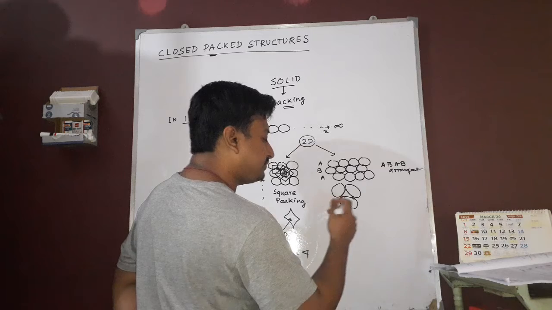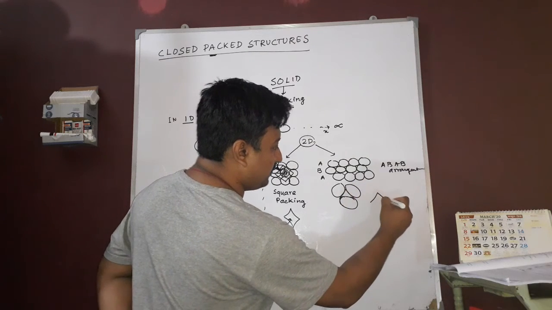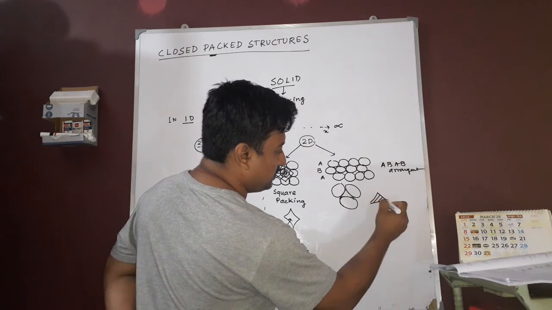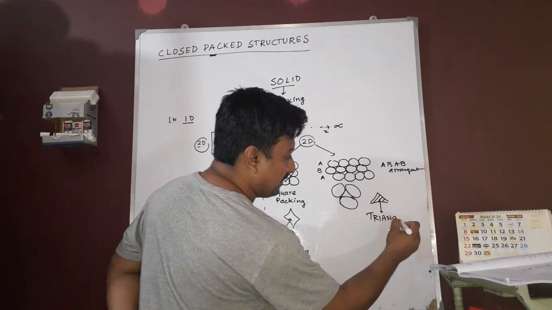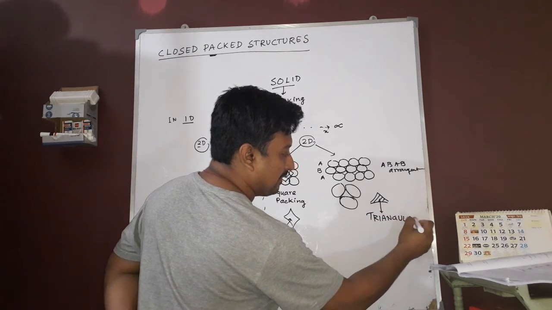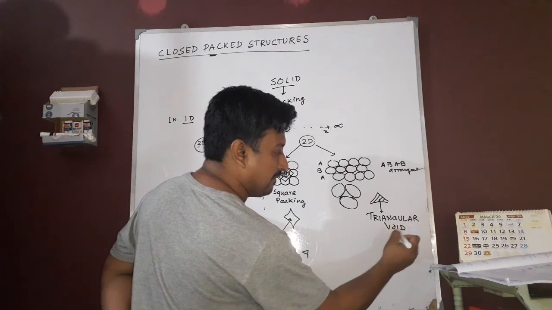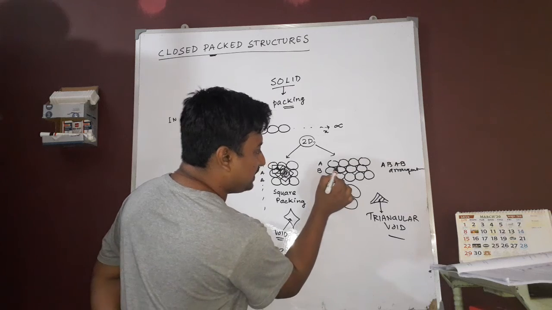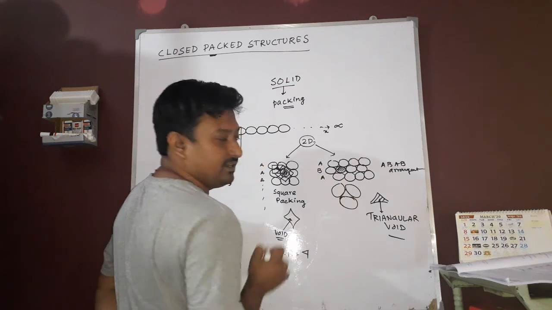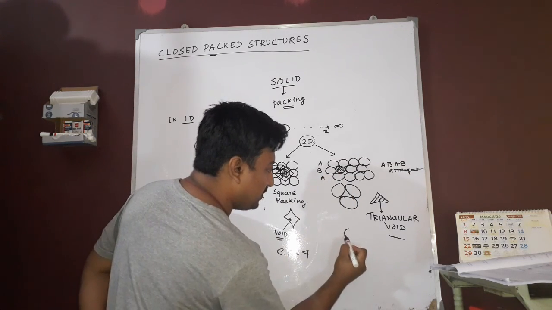This kind of void. So it's a triangular void. Now if you consider this as your central atom, I can draw it this way.